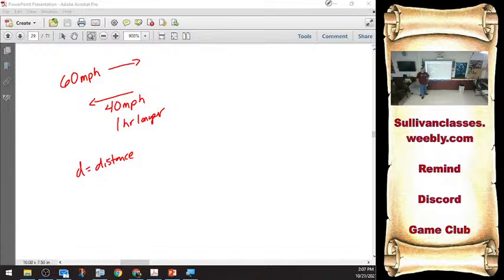Isn't that the same trip though? So if I drive 60 miles per hour for this distance, well, is it 60 times the distance?